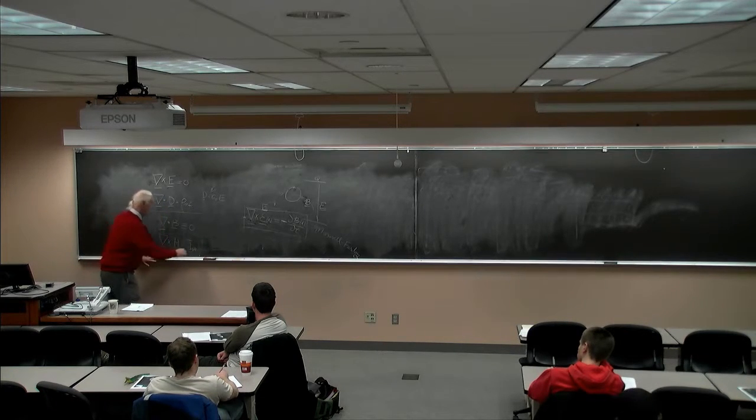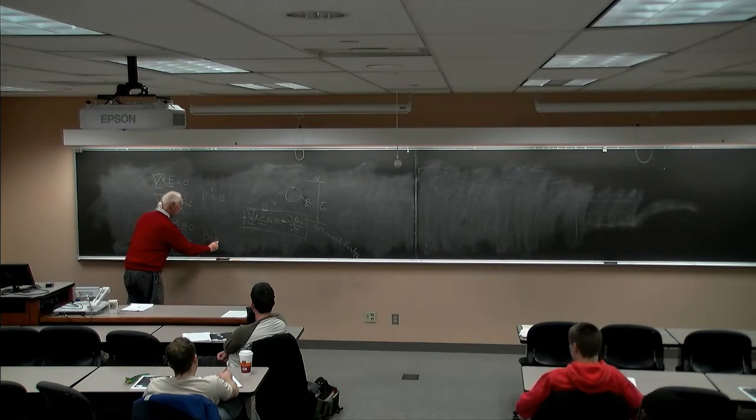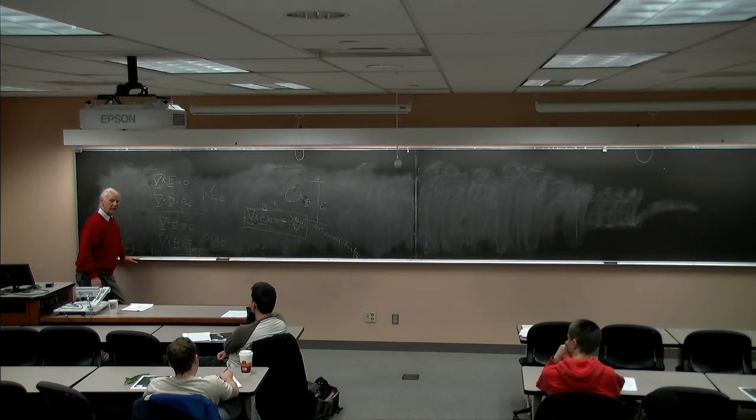And here is the source of the magnetic field. Here is the field. This is the description. And then off to the side, you write, oh, by the way, B is equal to mu 0 H. That's the constitutive relationship. Remember that? All that stuff. And this world was separate from this world. I mean, they had nothing to do with one another.